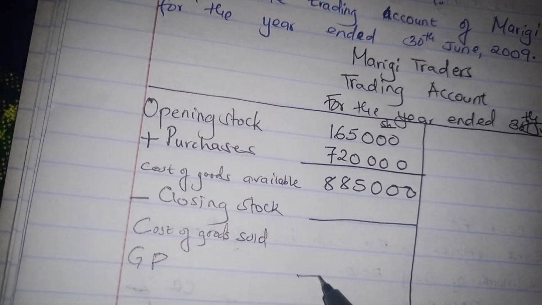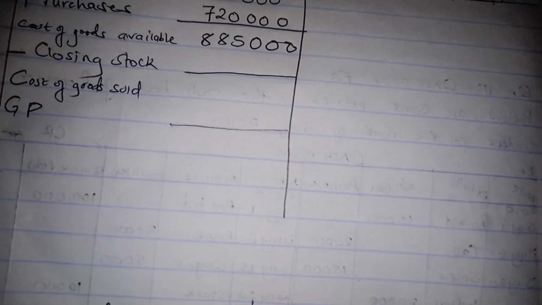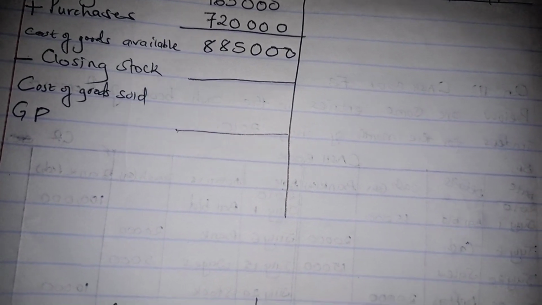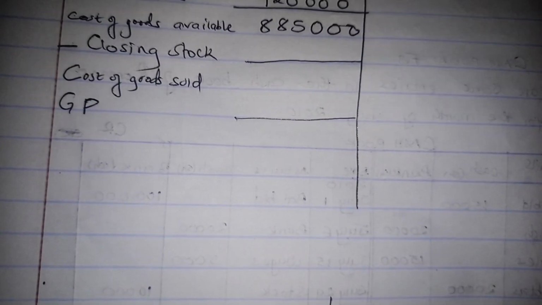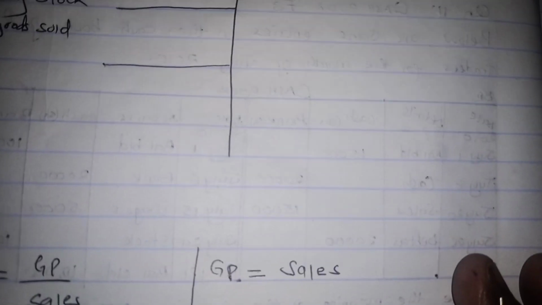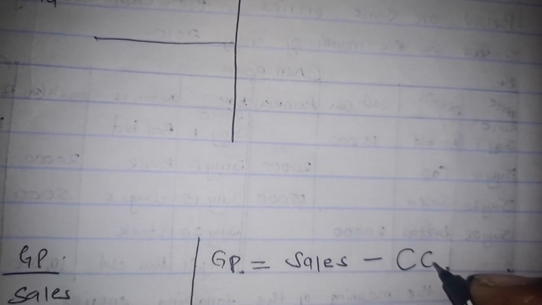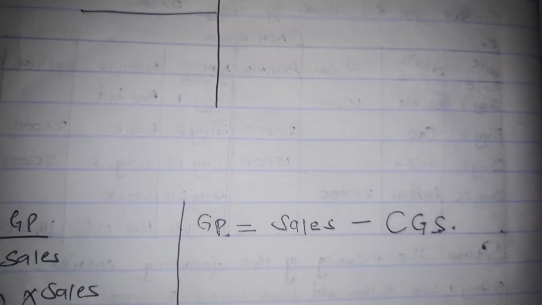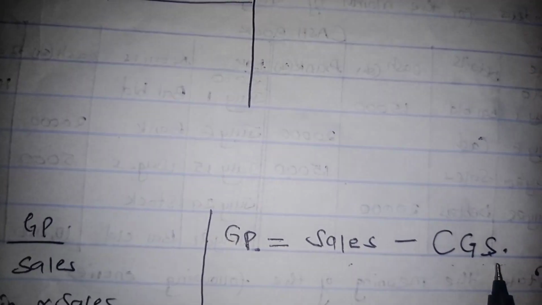That is the biggest question. How do we usually arrive at the gross profit, learners? Remember, gross profit is arrived at by taking the net sales and subtracting the cost of goods sold. Sales subtract cost of goods sold. That is how we arrive at the gross profit.